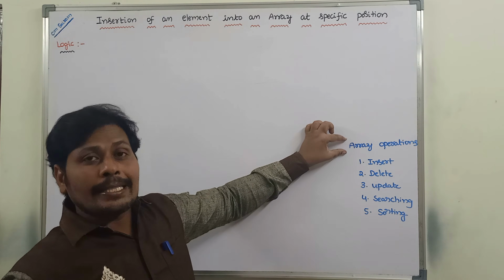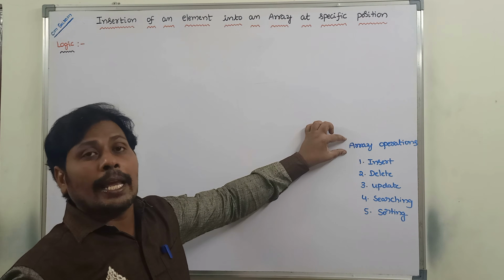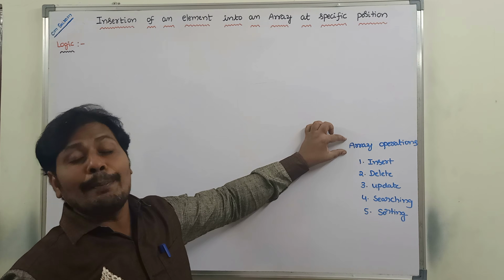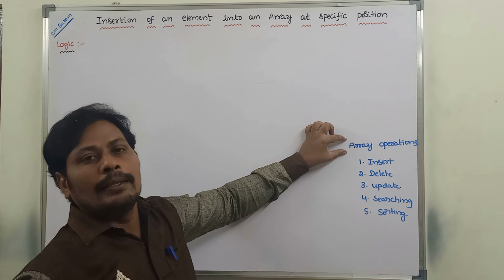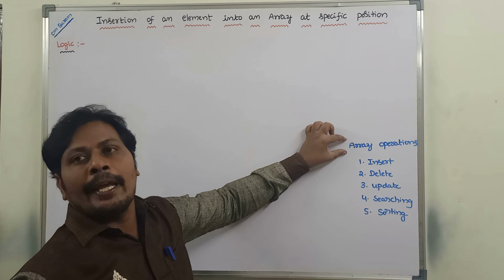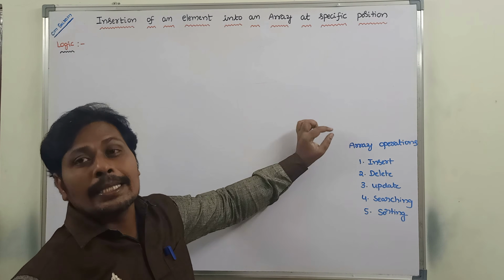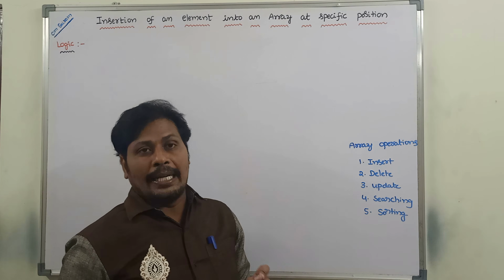First of all, what is an array? An array is a collection of similar data type elements under a single variable. That means in the array we are storing only similar data type elements.